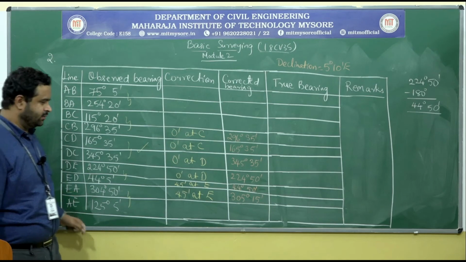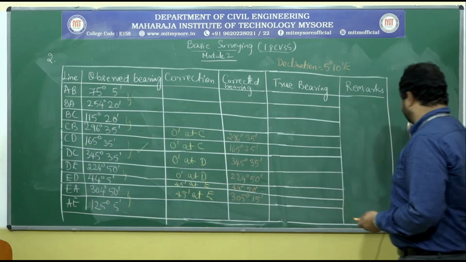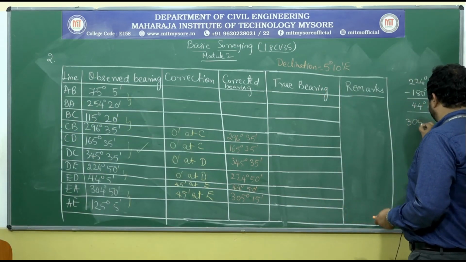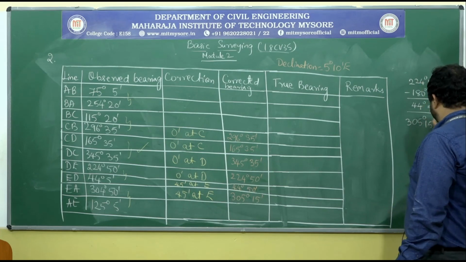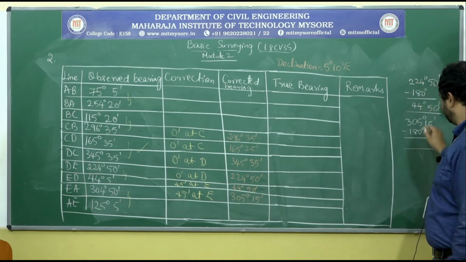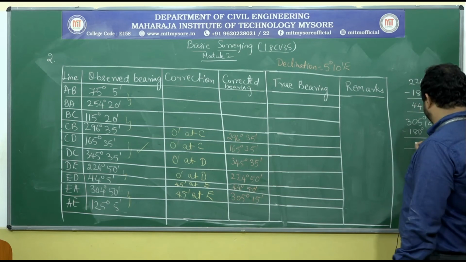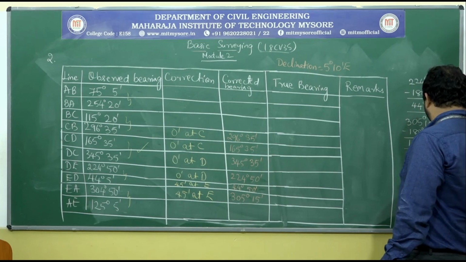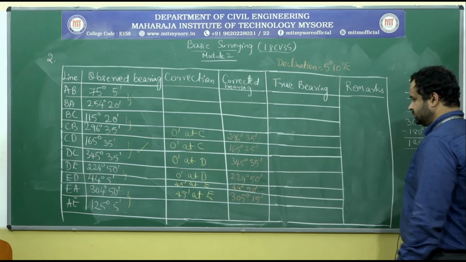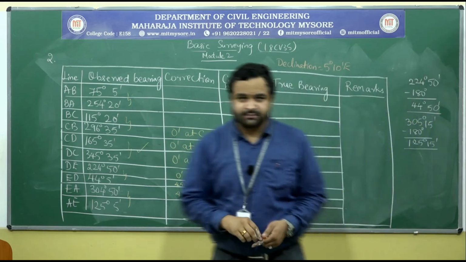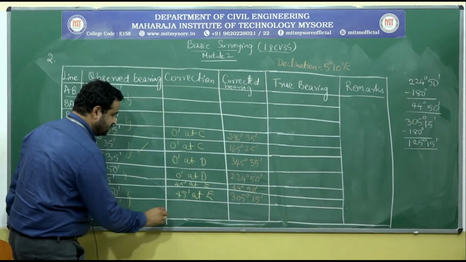Calculate its back bearing. You have fore bearing as 305 degrees 15 minutes, deduct it from 180, you will get 125 degrees 15 minutes. That is the correct bearing of line AE.